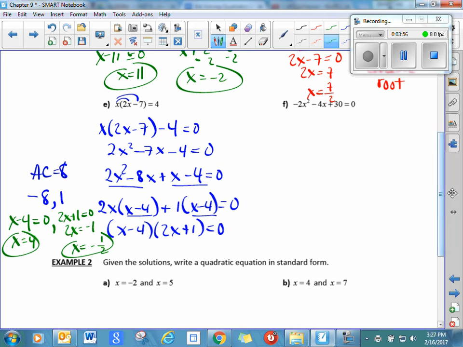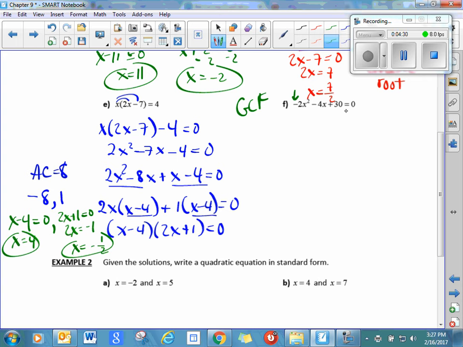Okay, let's look at example F. So it's set equal to 0. It's in standard form because I've got my leading exponent of 2. And I'm going to factor, but I don't want a negative right here. So I am going to do something a little bit different. I am going to look for the GCF. Remember, we're looking for the GCF here.